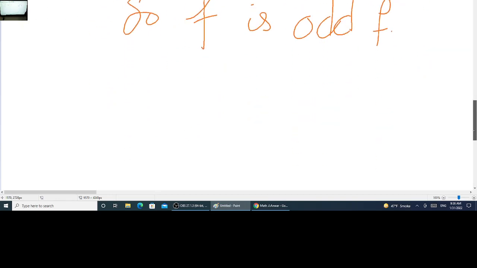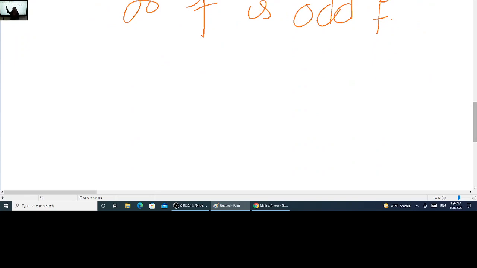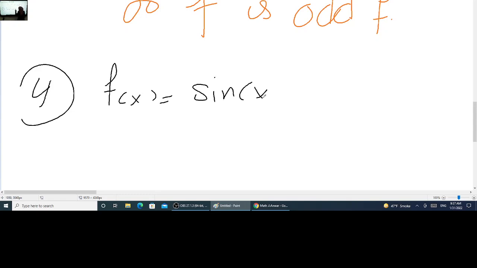Also, what about sine and cosine x? Let f of x equal sine x.